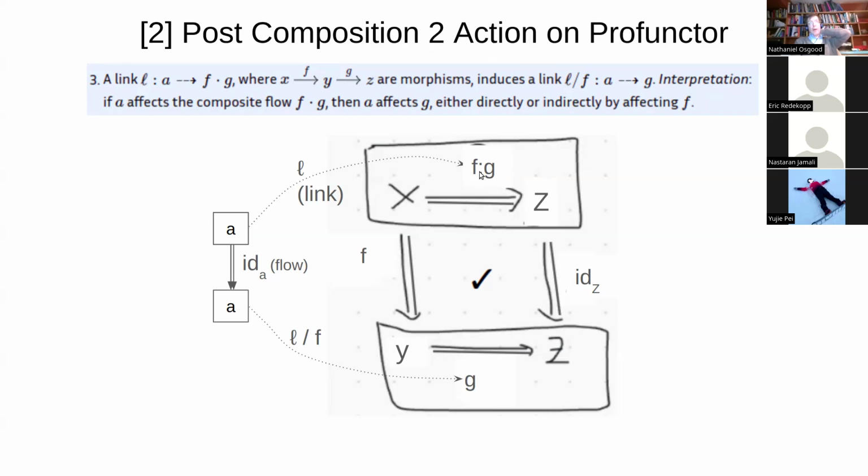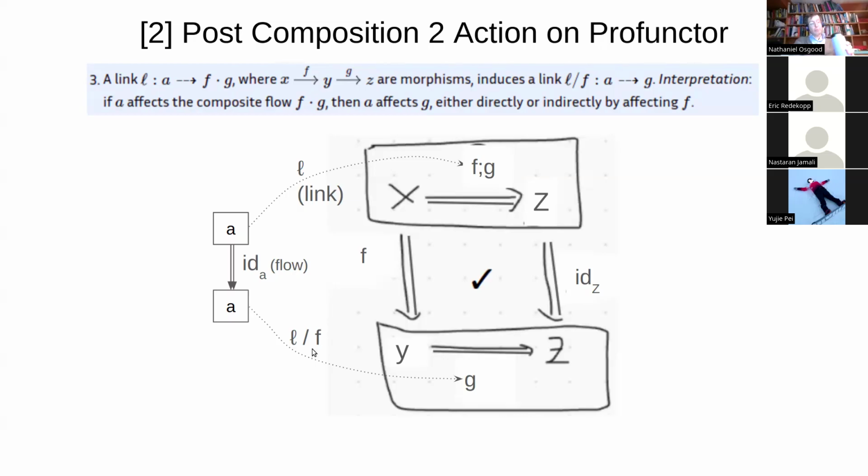So we have a link from A to F composed with G. We can quotient that out at some level to say A. So if we say A influences F composed with G, that composed flow where G is downstream, then A influences G because it influences it through F. We recognize that it influences G via F.